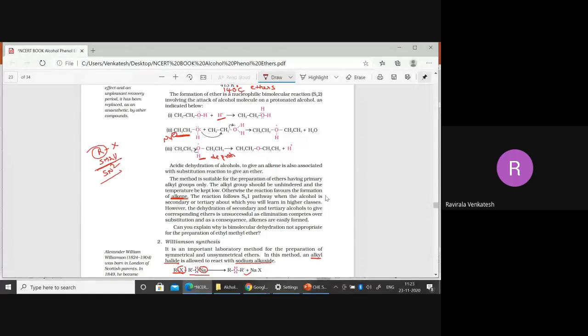If it is larger, secondary or tertiary, then we get elimination reactions, and alkene is formed here. So secondary and tertiary alcohols on dehydration give the corresponding products unsuccessfully. I will explain this one, just wait.